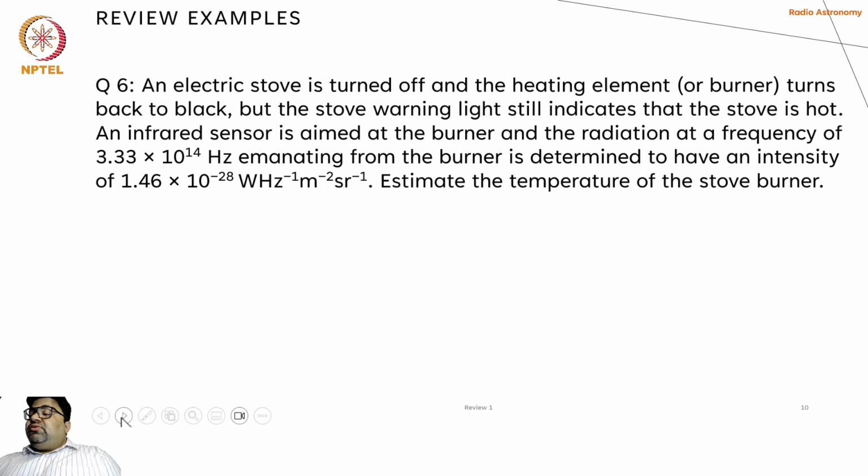An electric stove is turned off and the heating element of the burner turns back to black, but the stove warning light still indicates that the stove is hot.